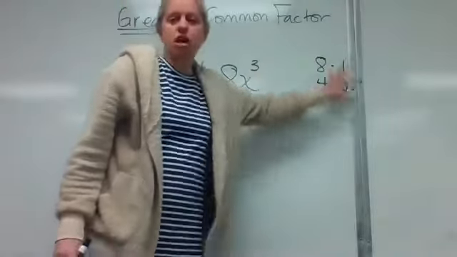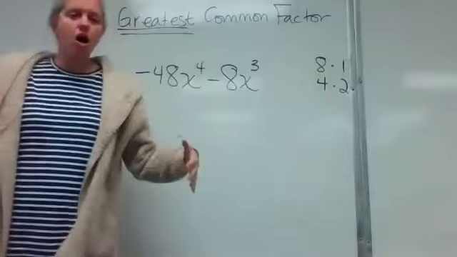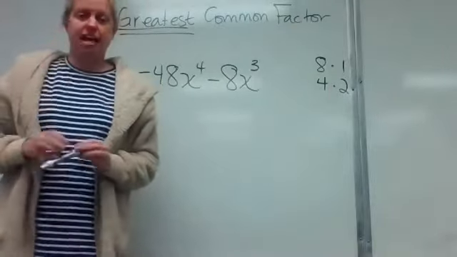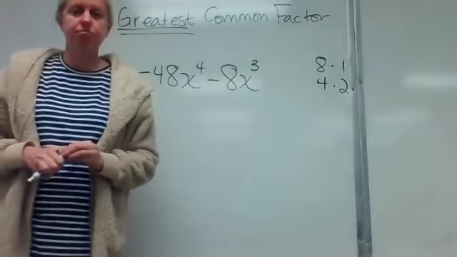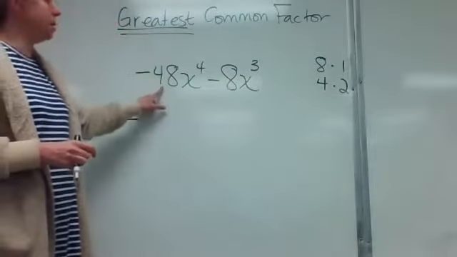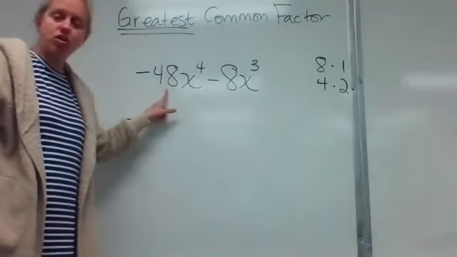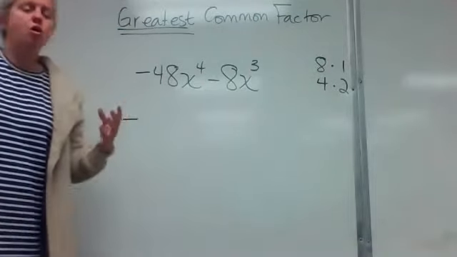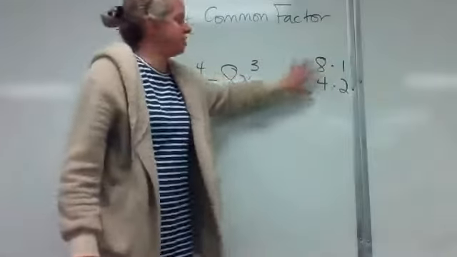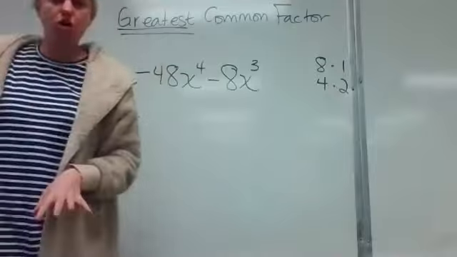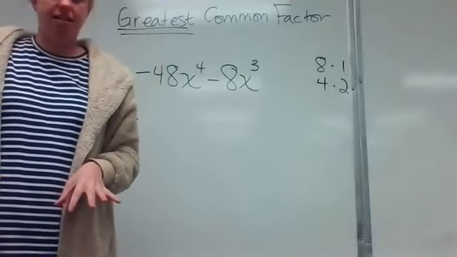Those are the only ways to multiply to get 8. Then I want to find the biggest one that is also a factor of 48. In other words, what's the biggest number out of this group that 48 will also divide evenly by?